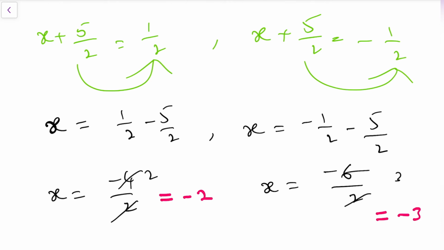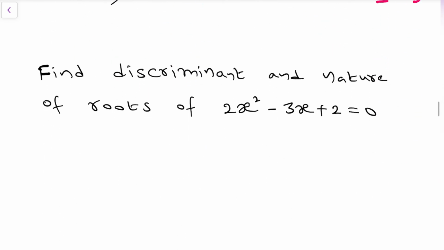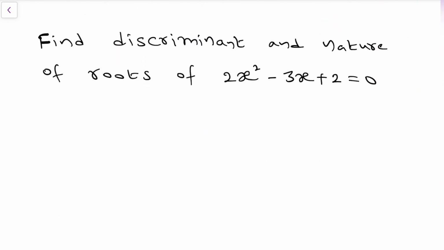This is the completing the square method. Next, find the discriminant and nature of the roots of the given quadratic equation, 2x² - 3x + 2 = 0.